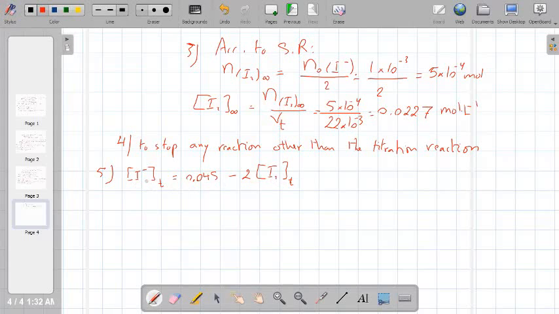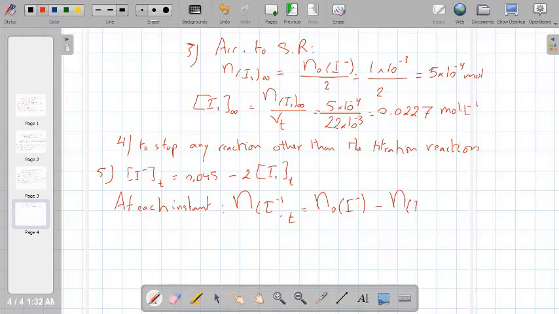We should determine the relation between what is left of the reactant I minus and what is formed of the product I2 at each instant. Number of moles of I minus left at instant t equals N0 I minus minus N I minus reacted.